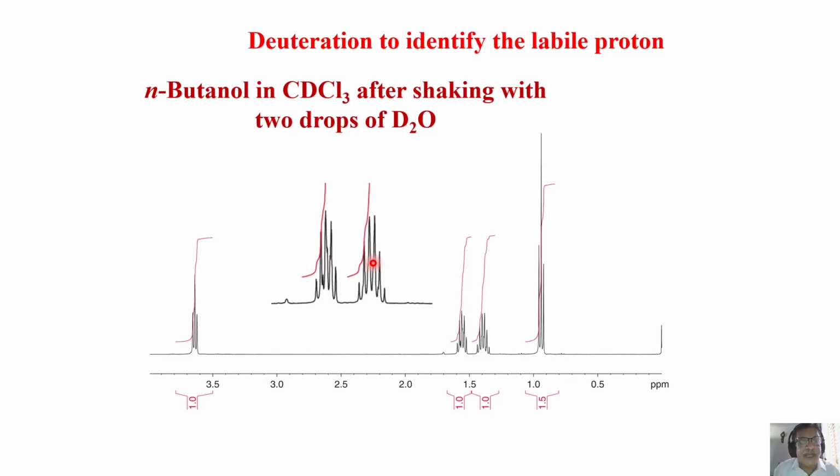Now I took an example today where one proton can experience coupling with 3 different nuclei: proton, fluorine, phosphorus, like that. And how do we get the coupling information? How to analyze the spectrum? I showed all those things. So I hope you all have the idea of what to do. And of course, NMR is a big ocean.